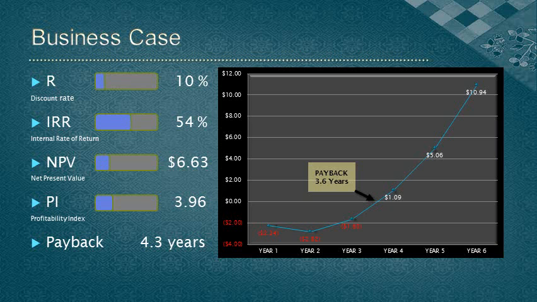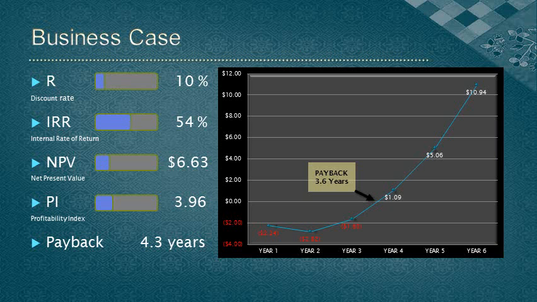Now, let's see the business case of our company. When it starts, we will invest around $3.5 million, and with a 10% discount rate we will get it back in 4.3 years. And the present value would be around $6 million, and the internal rate of return will be 54%.